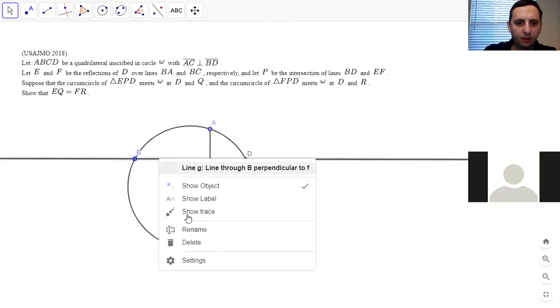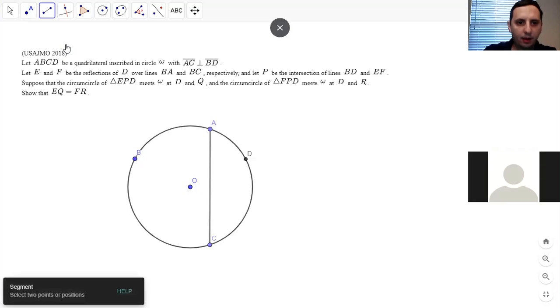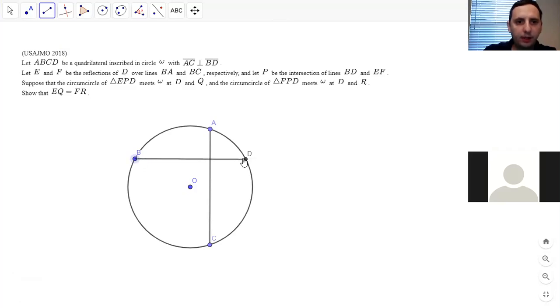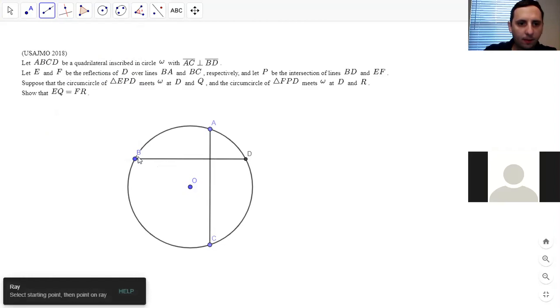Let me make this just a segment instead of a line. And E and F are the reflections of B over BA and BC. Okay, so I'm going to want to draw those as rays. There we go.